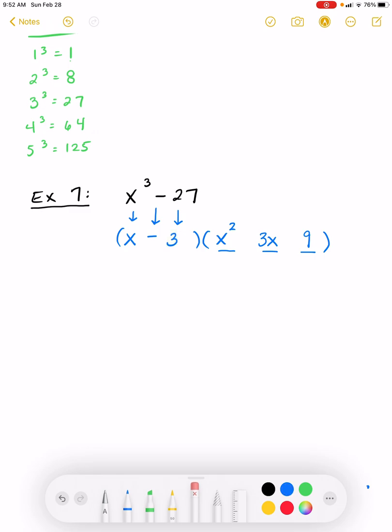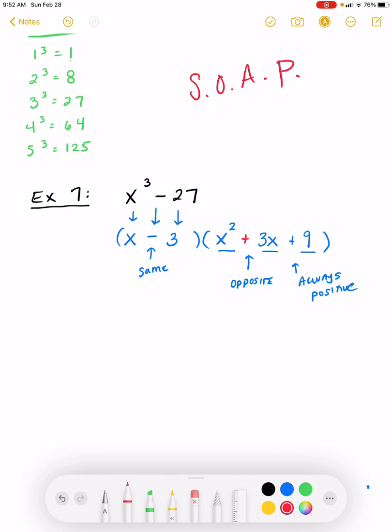Okay, now the signs are going to go like this. This first sign is going to be the same. This middle sign is always going to be the opposite, and so this means it's going to be a plus. And this last sign is always going to be positive. And there's a nice little acronym that can help you remember how the signs go, and that acronym is SOAP.